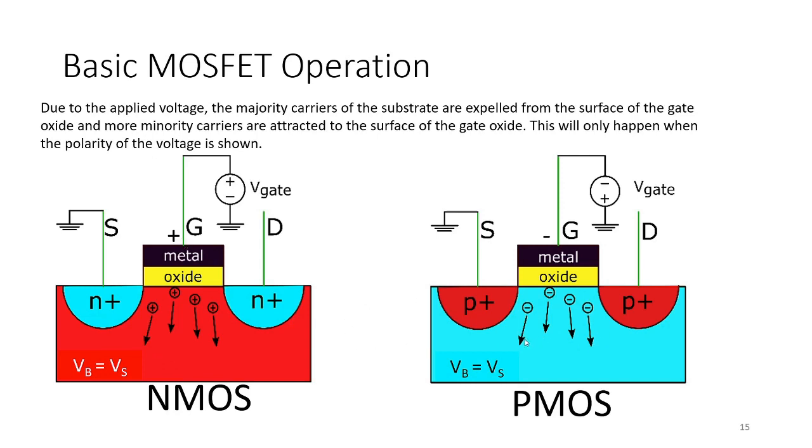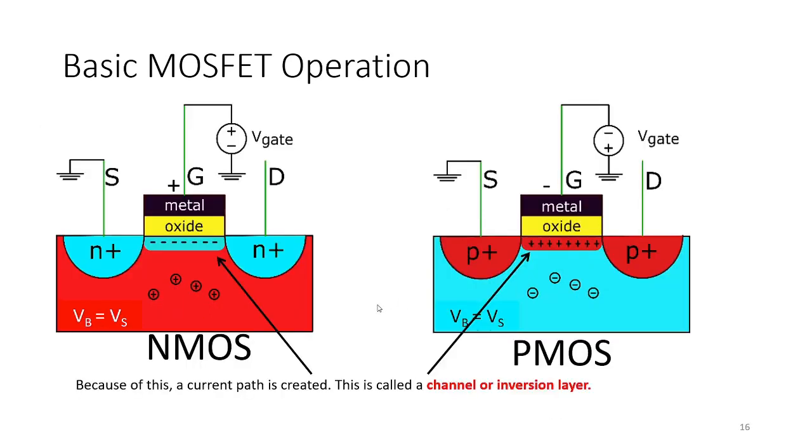Same concept here. Because we introduce a negative voltage in the gate, the majority carriers of this n-type substrate will move away from the surface, and the minority carriers, which are the holes, will move towards the surface. So because of this, a current path will be created.